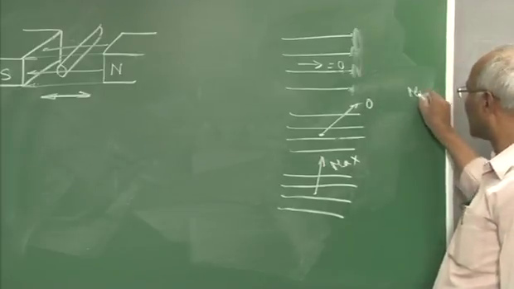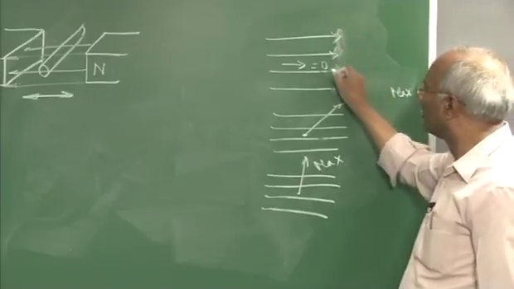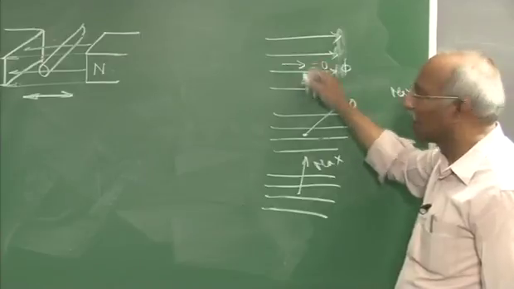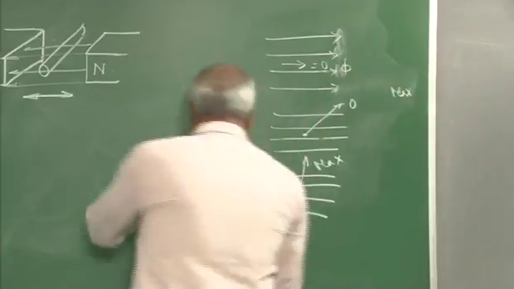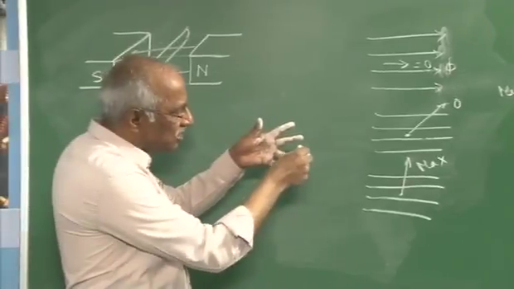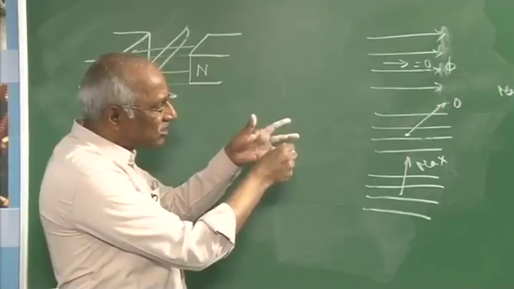Instead of these being hot wires, assume they are the lines of force and the conductor is moving this way. This is nothing but the flux lines, and this is the conductor. As it moves this way, it is not cutting any flux, so there is no change in flux linkage.